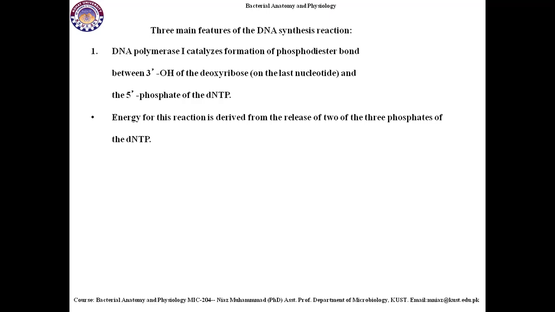So this reaction is required where, suppose, the last nucleotide has been bound with the DNA parent strand. The next nucleotide molecule will come and bind from the 3' hydroxyl side of the existing nucleotide with the 5' phosphate of the coming dNTP nucleotide.